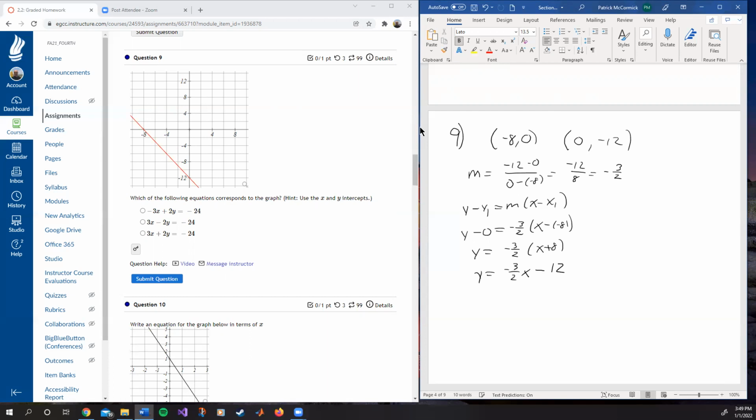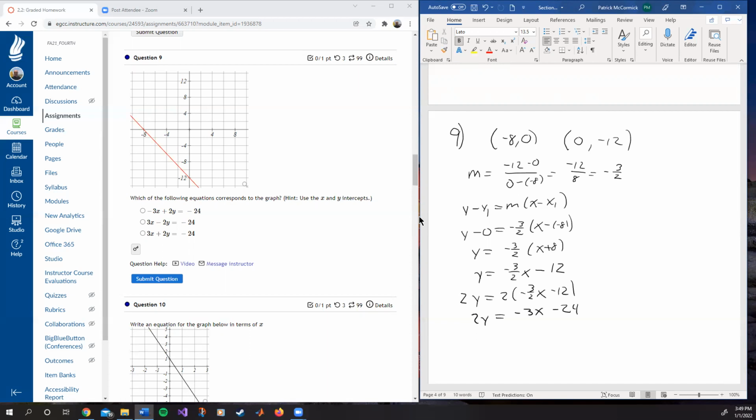-12. Now, come back over here and look, nothing matches, right? So remember, we got to put this into the general form. So I got to clear this fraction. So multiply both sides by 2. So I get 2y equals 2 times -3/2 x minus 12. So I get 2y equals -3x minus 24.